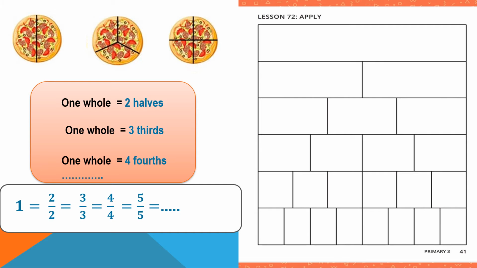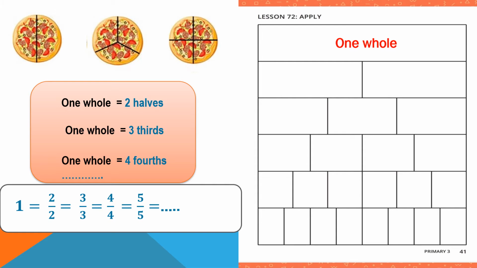Here in lesson 72, the apply part, he wants me to write the names of fractions here. If we consider this as a chocolate bar, the first chocolate bar is one whole. It's not divided into any parts.